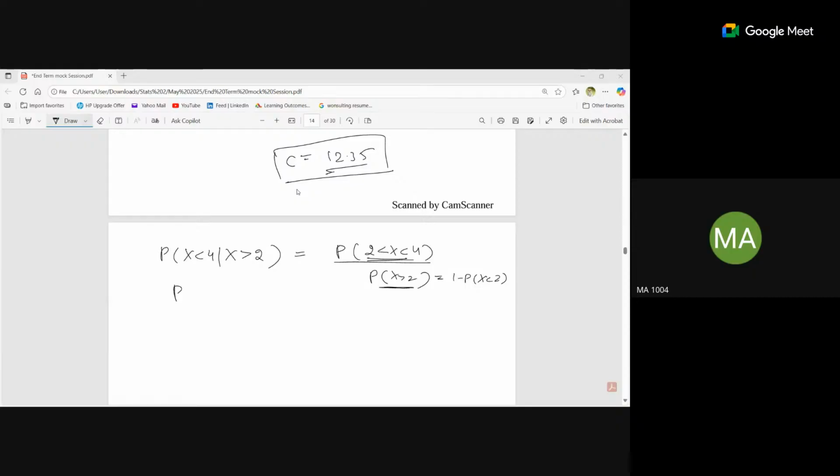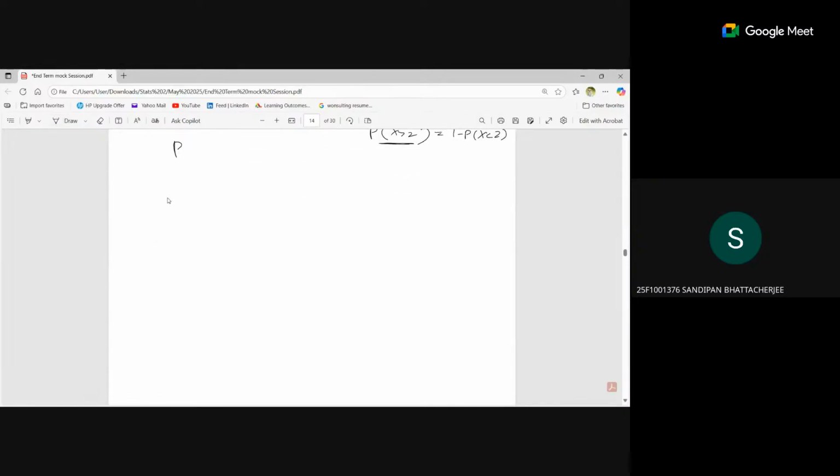What will be the effect on the level of significance? It should increase, no? Because here we are changing the n, so n increases, so sigma by root n decreases. So this entire thing increases, no?